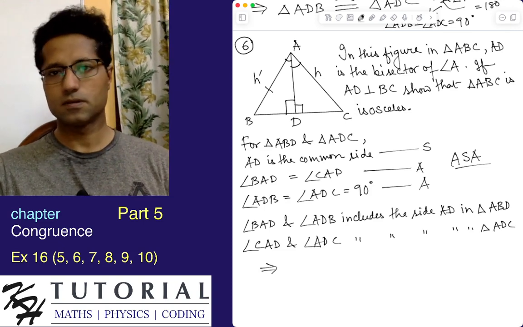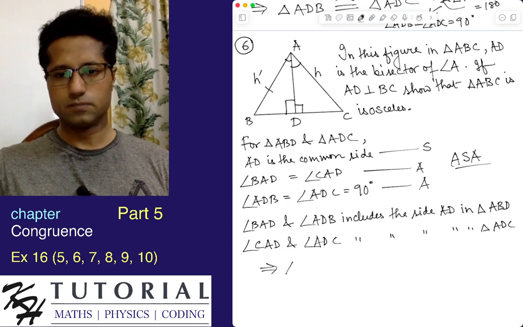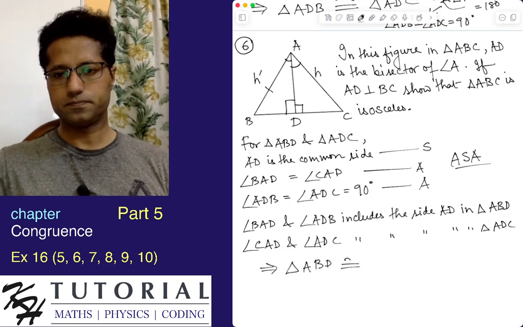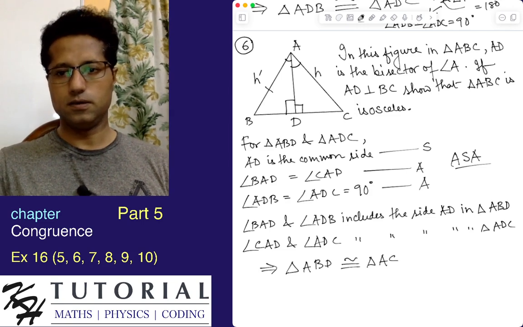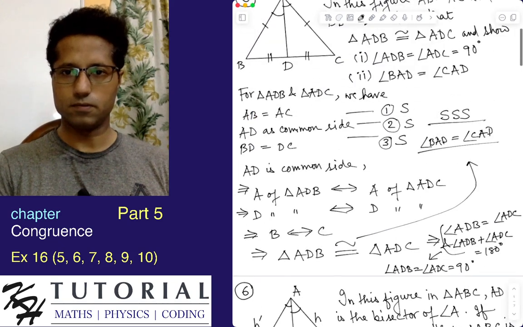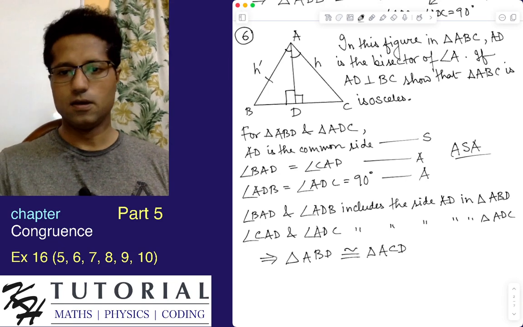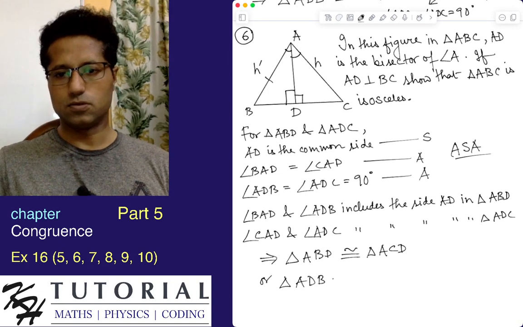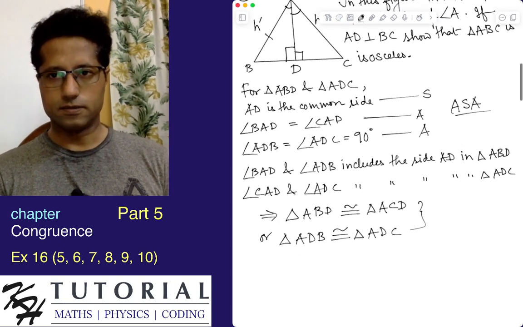Those will be mapped among themselves, and B will be mapped to C. So definitely we will have triangle ABD congruent to triangle ACD. In the previous problem, ADB is okay. I could have also said triangle ADB is congruent to triangle ADC. Both are fine.